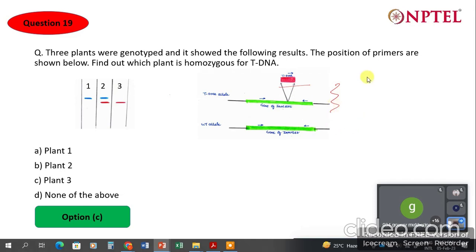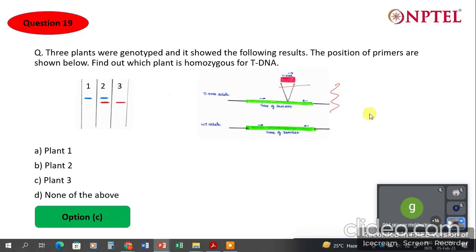You can just think that there are two homologous chromosomes, right? My pen is not working, that's why I cannot draw, otherwise I would have drawn. If tDNA is inserted in both the chromosomes, we will not get the wild type band as such.